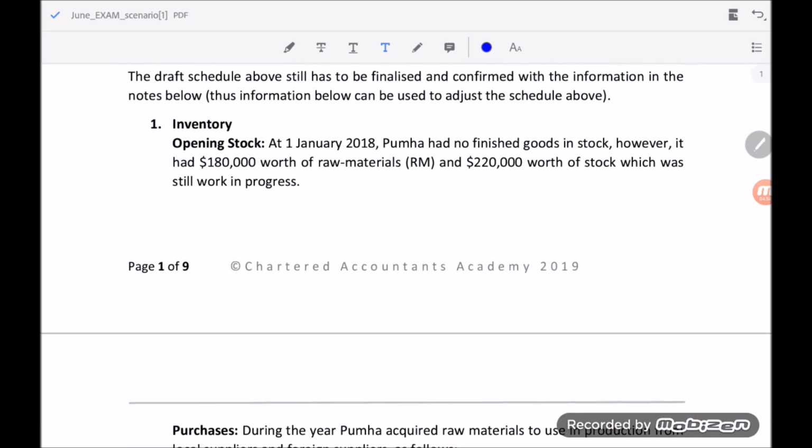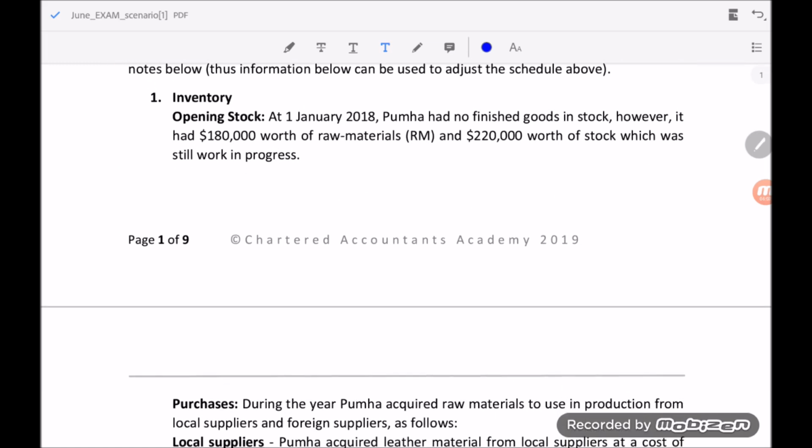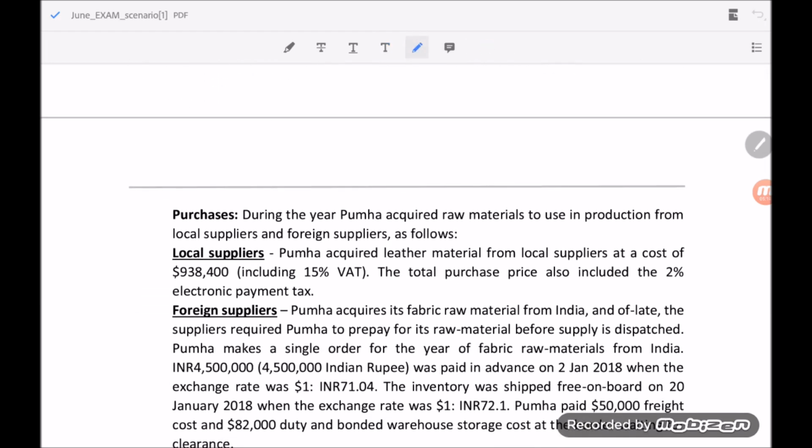So we'll start to deal with the information relating to inventory. When I look at the structure of information given for inventory, it seems they gave us information relating to opening stock, as you can see here. Then we've got some purchases. As we continue down, the purchases are denominated into local as well as foreign.